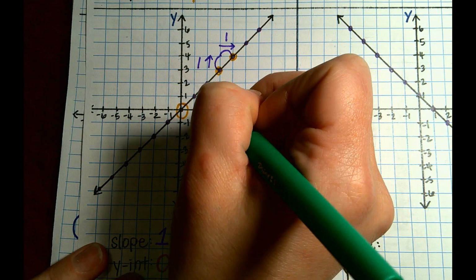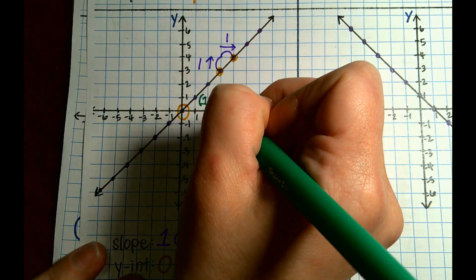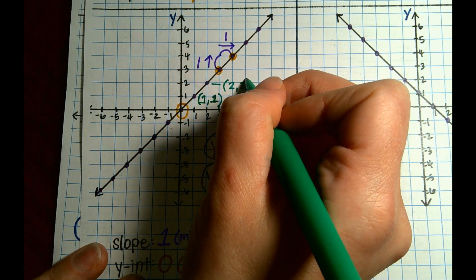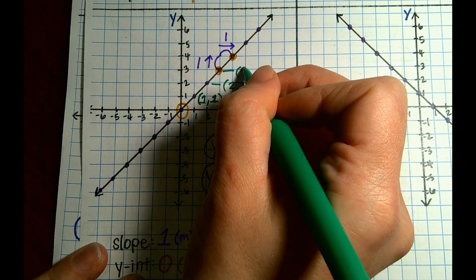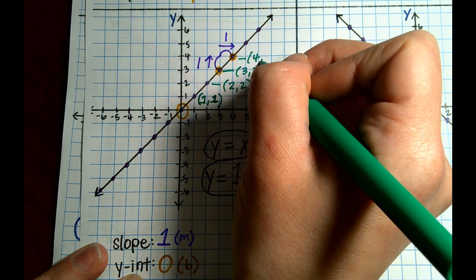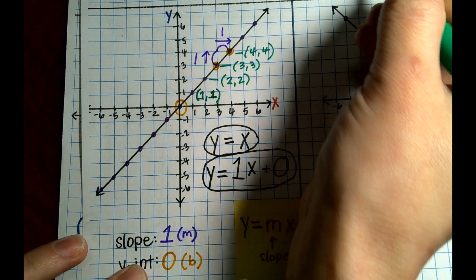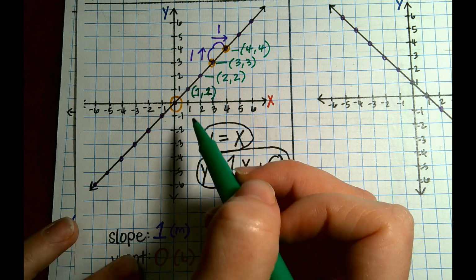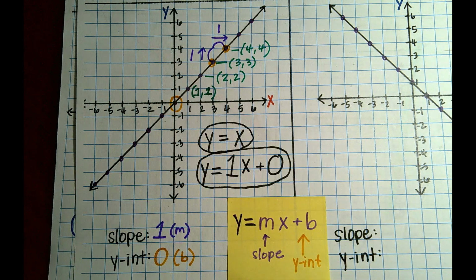Oops, I wrote 2. 1, 1. This coordinate would be 2, 2. This coordinate is 3, 3. Yep, 4, 4. And it would go on for infinity. You could also do the same with negative 1, negative 1, 0, 0, negative 2, negative 2, on forever.